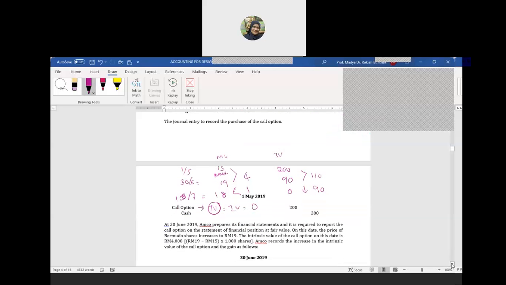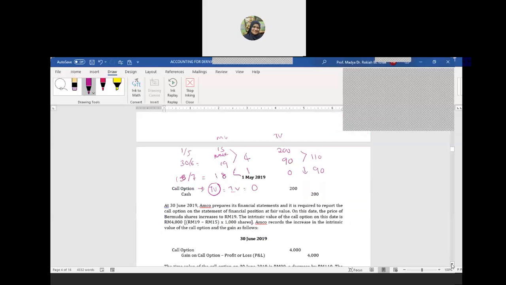On 30th of June, AMCO prepares the financial statements and is required to report the call options at fair value. On this date, the price of the Bermuda share increased to 19. So the intrinsic value becomes 4 ringgit, which needs to be multiplied by 1,000. So you have 4,000 here.